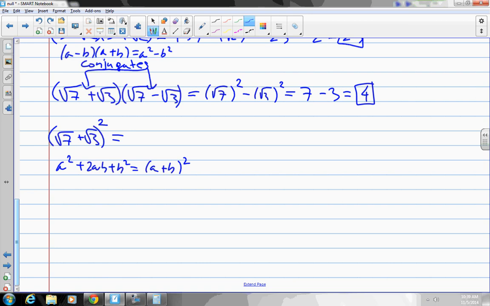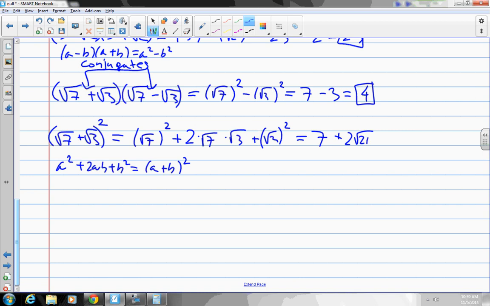So this will be the square root of 7 squared plus 2 times the square root of 7 times the square root of 3, this is your 2ab, plus the square root of 3 squared, right? Now, what is the square root of 7 squared? 7, plus the square root of 7 times the square root of 3, well, it's just the square root of 21.